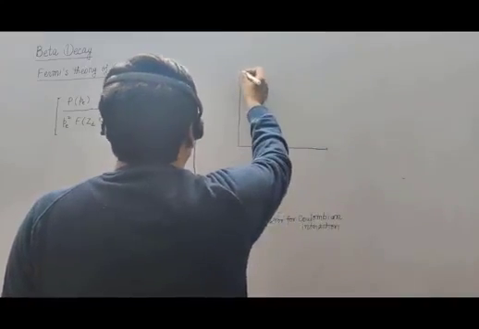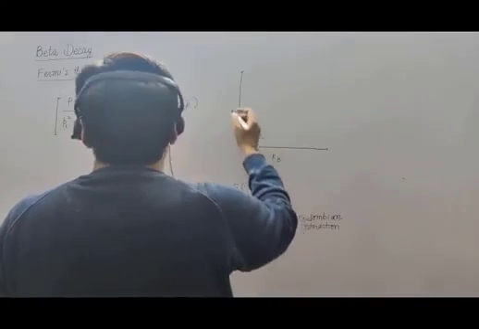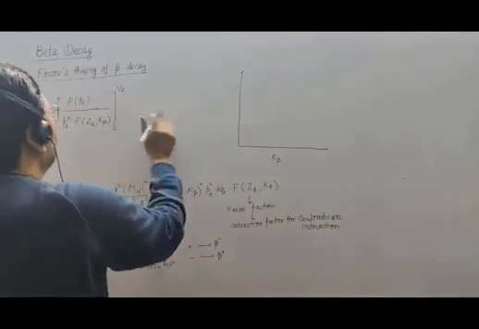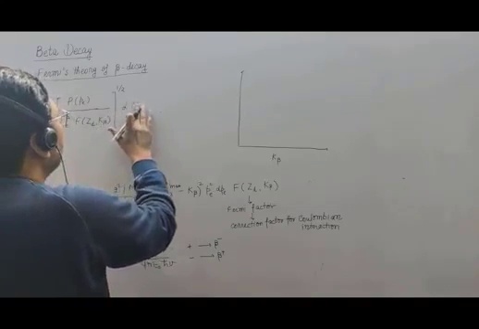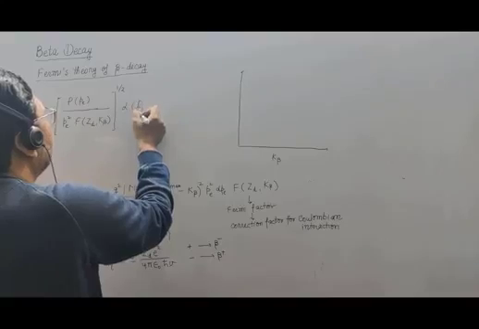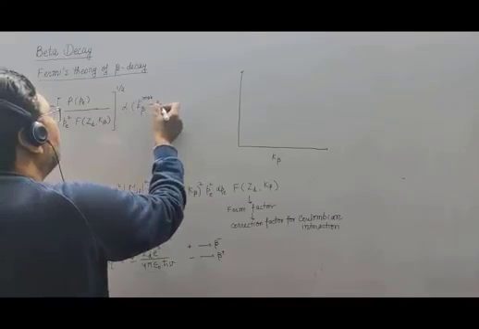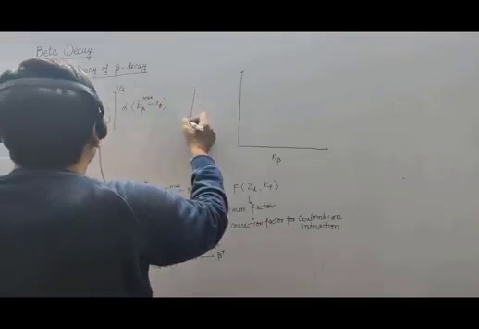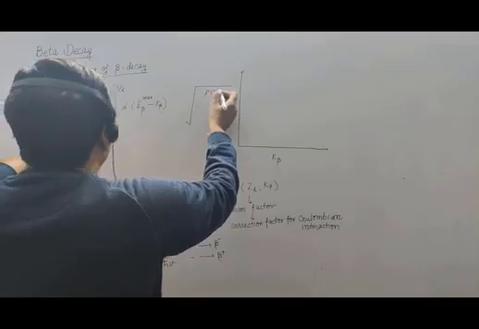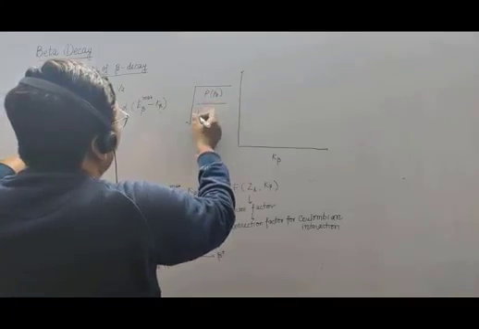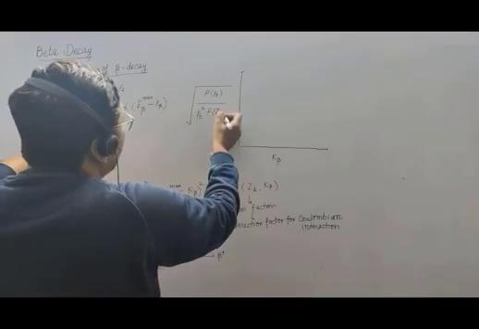Here this will be K beta, and here this will be E beta maximum minus K beta, which is the square root of P(E) upon P(E) square times F(Z, K beta).